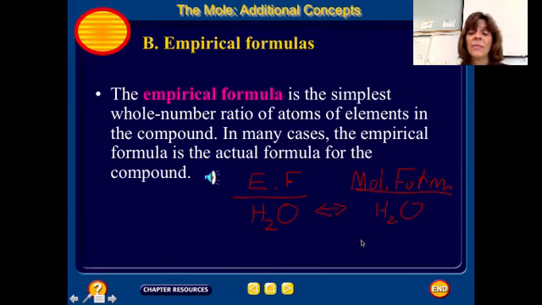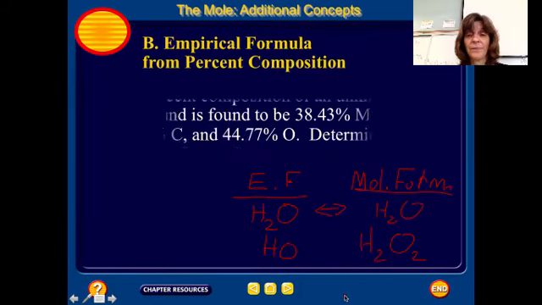Whereas if we look at something like hydrogen peroxide, H2O2, it exists as 2 H's and 2 O's in the molecular formula. However, the empirical or simplest formula for that would be the 1-to-1 ratio HO. So sometimes they're the same and sometimes they're different.